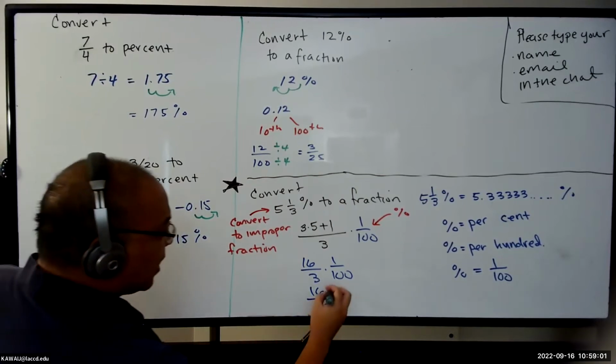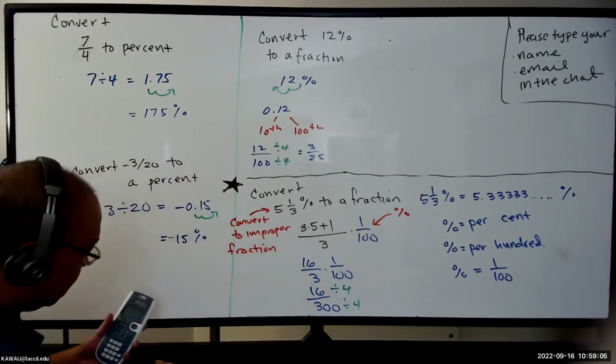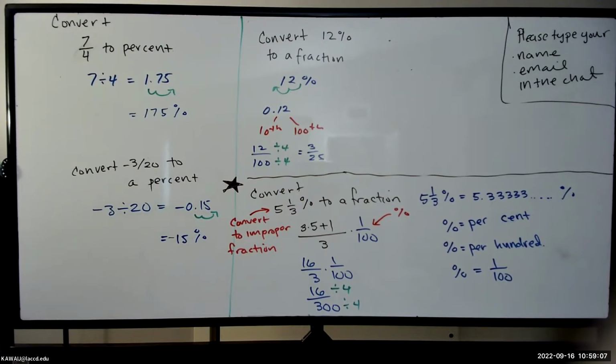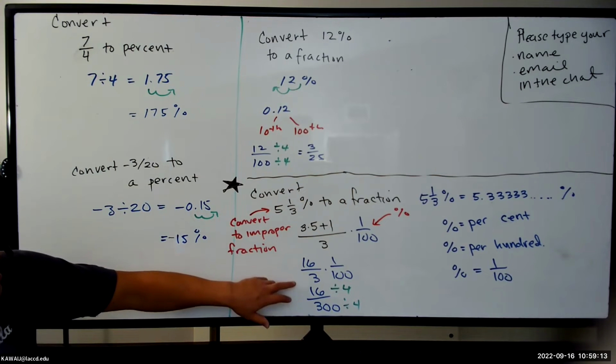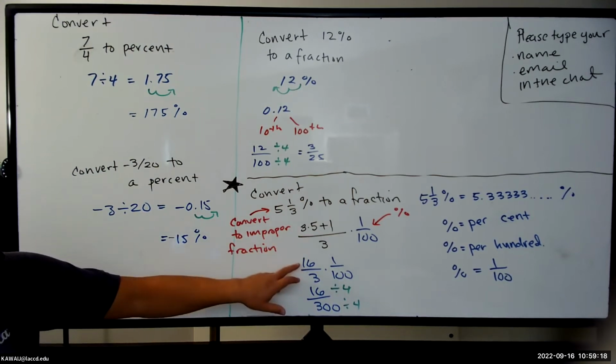And I can divide the top and bottom by 4. Professor, where is the 3.5 coming from? Which one? Oh, is it the 3 times 5, to get the improper fraction? Why 3 times 5? I don't understand this one.